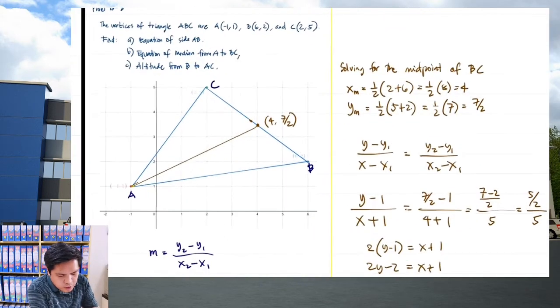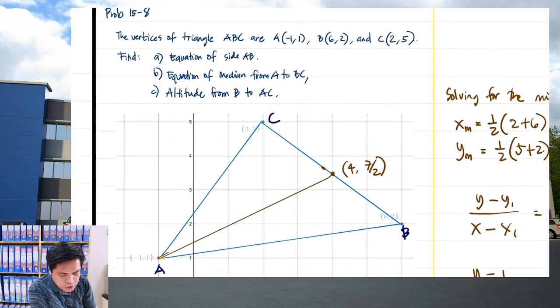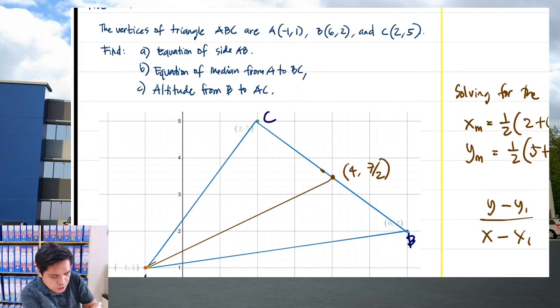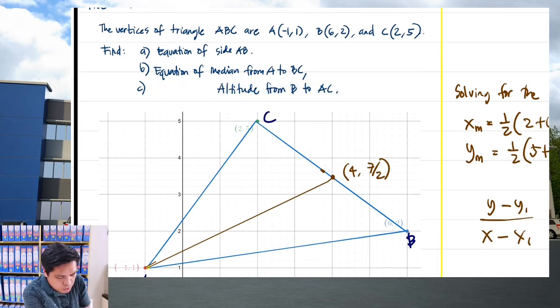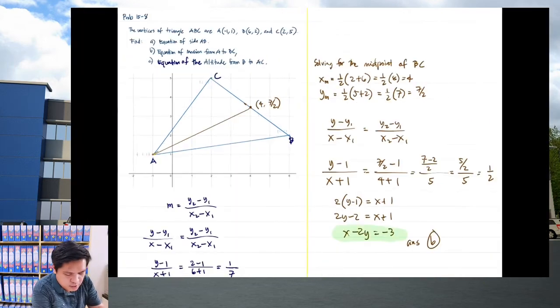Now for letter C, altitude from B to AC. When we say altitude, or the equation of the altitude. Sorry, this is incomplete, because it isn't specified what exactly is being asked here. So we are actually asking about the equation of the altitude from B to AC.